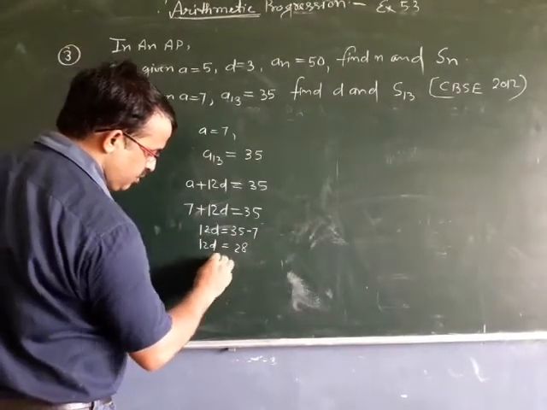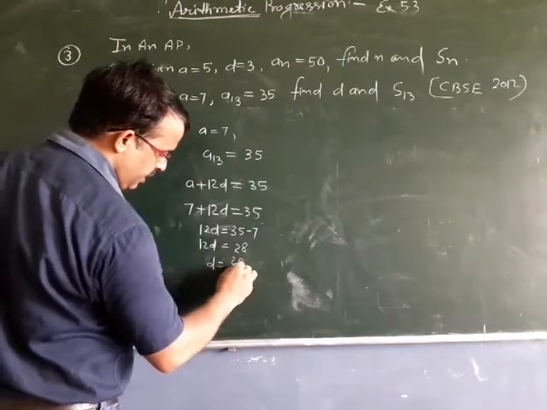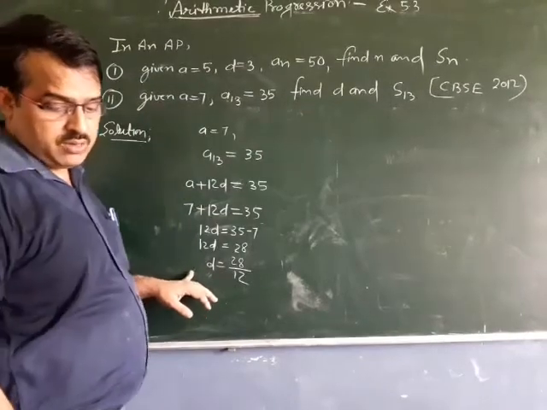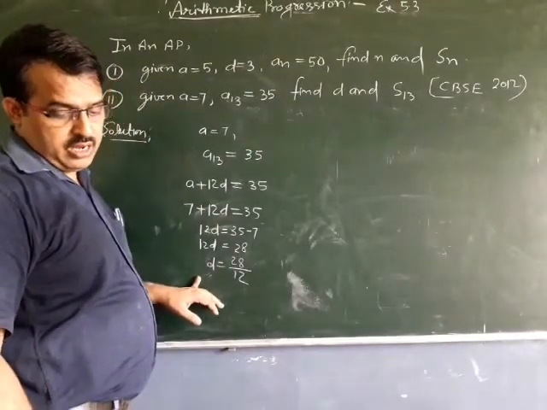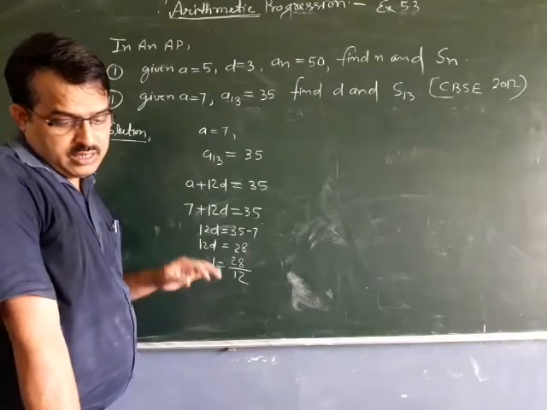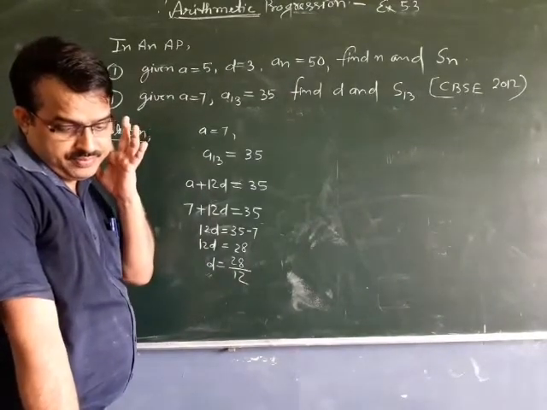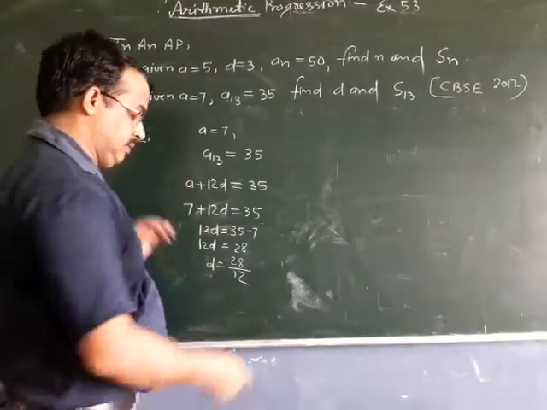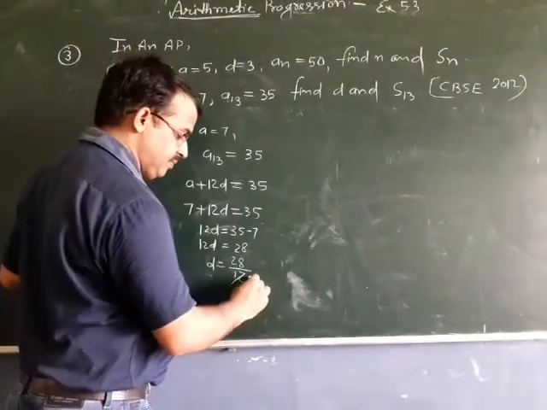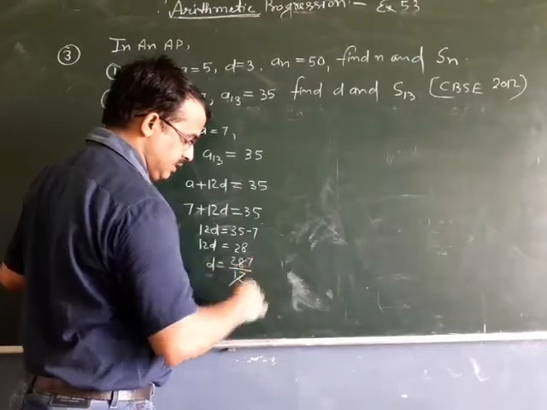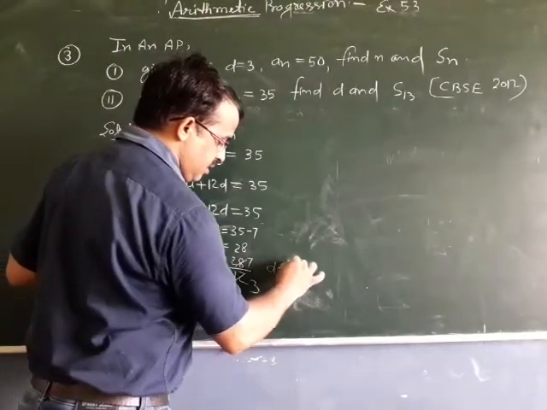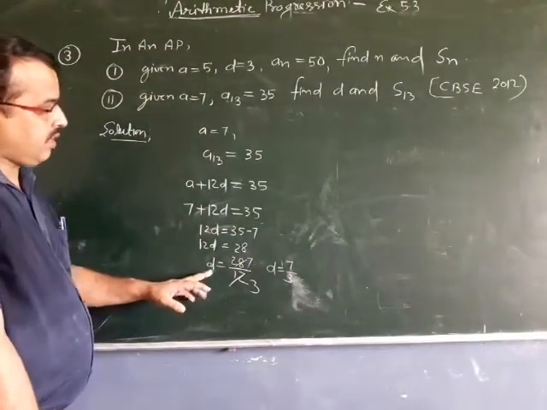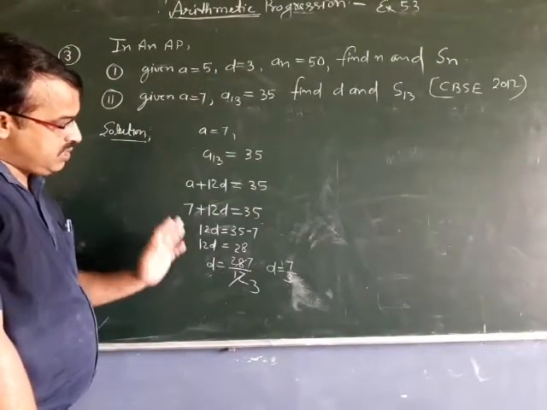So d is equal to 28 by 12. 4 threes are 12, 4 sevens are 28. So d is 7 by 3. We find d. Clear?